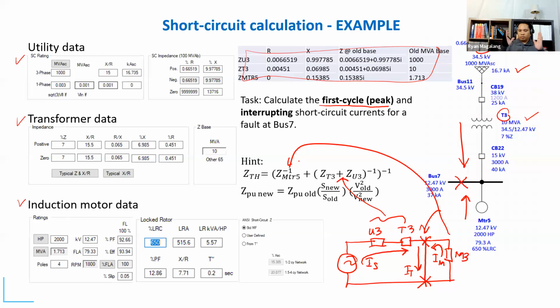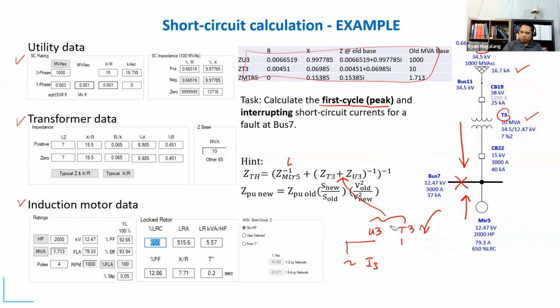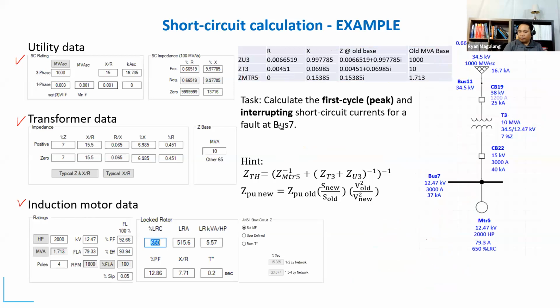So you just have to look at your points of interest where the fault is located. Now suppose the fault happened here instead.